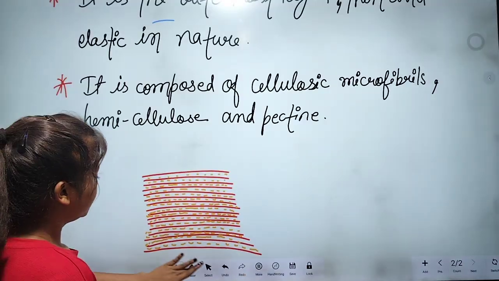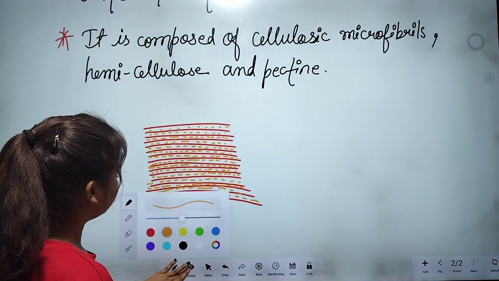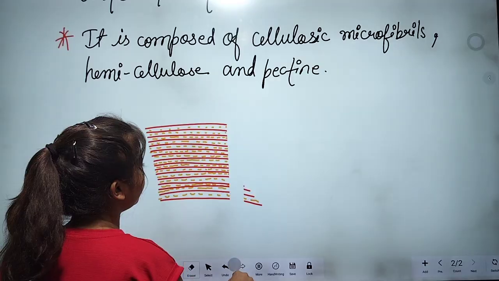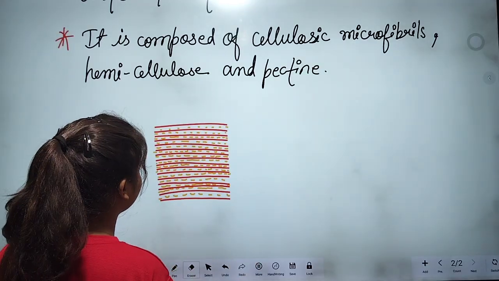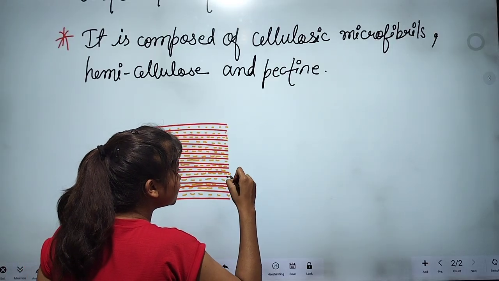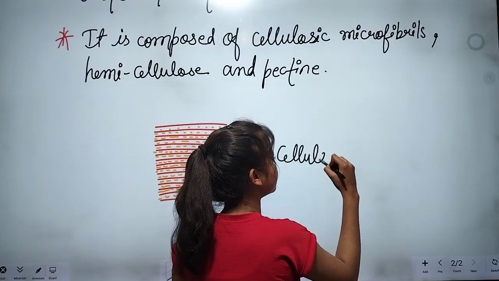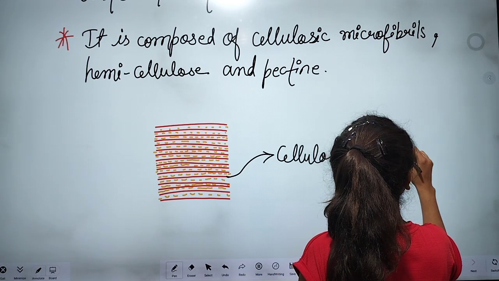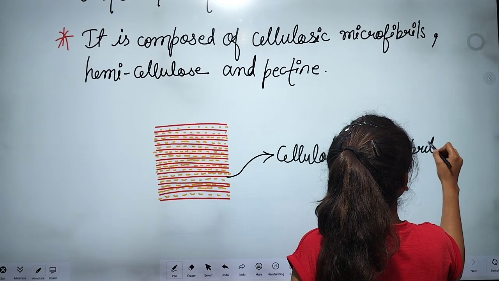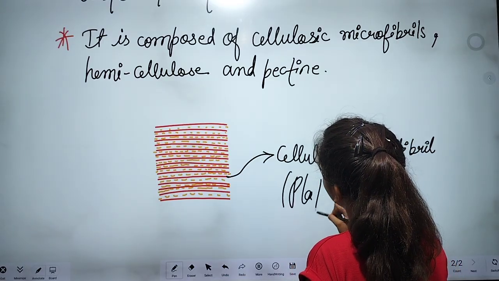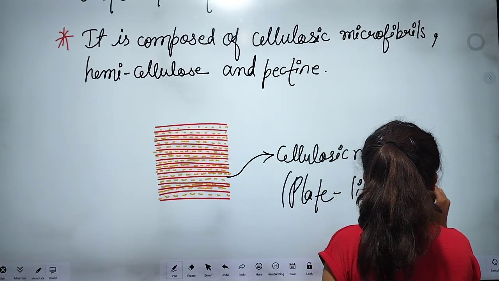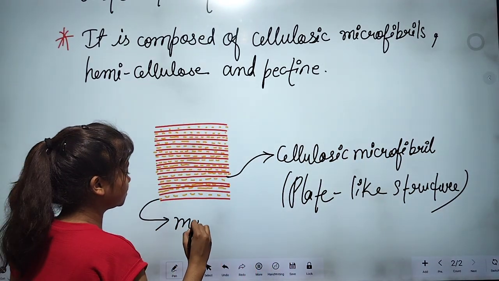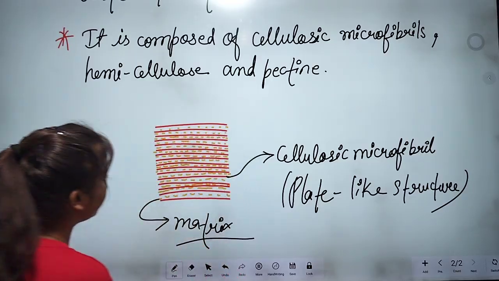The red lines are called cellulosic microfibril, and they are in a plate-like structure, and this dotted part is called the matrix.